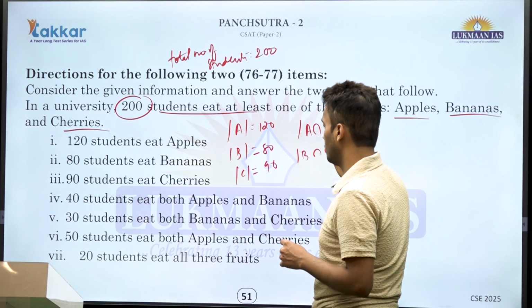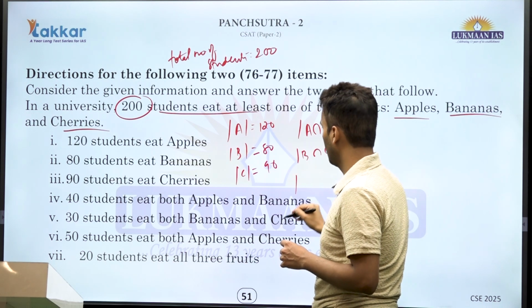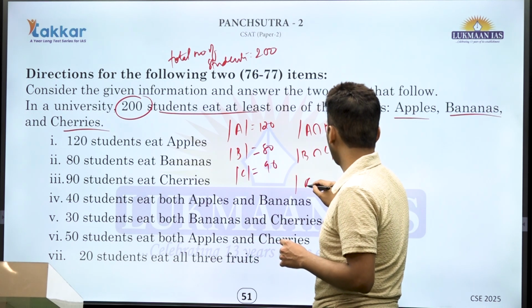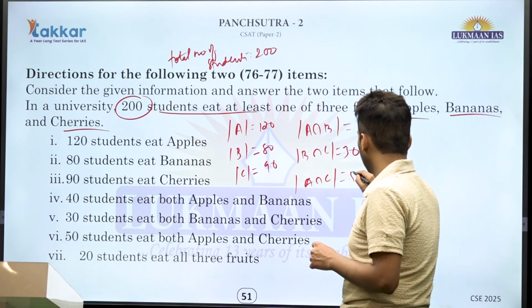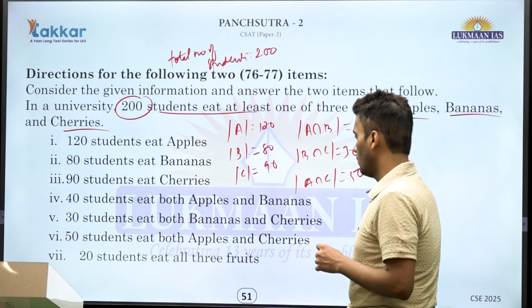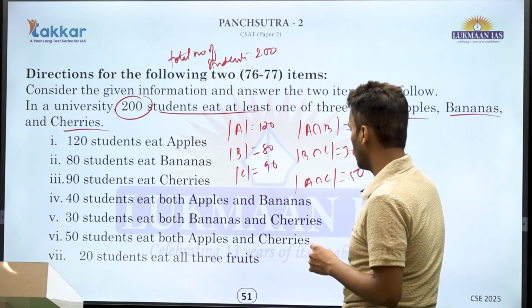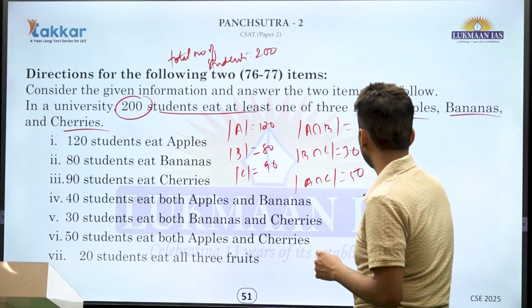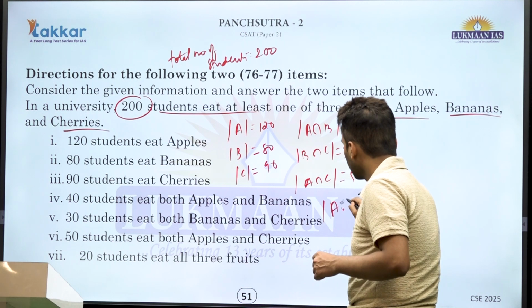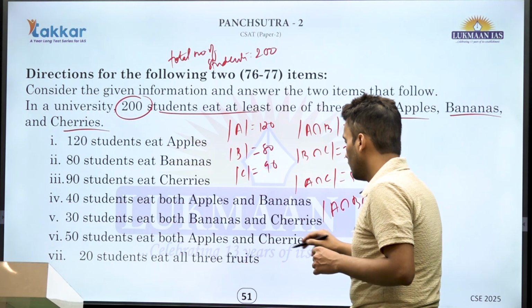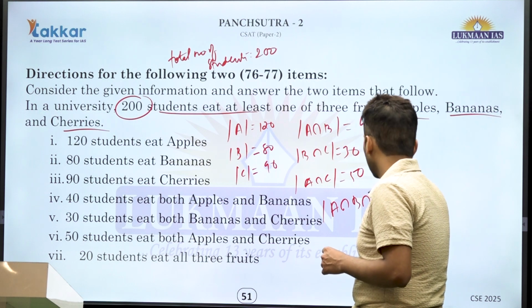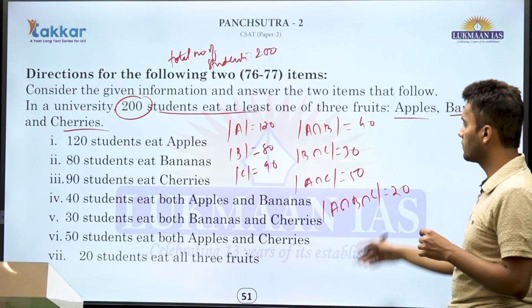Bananas and cherries, 30. Apple and cherries, 50. And 20 students eat all three, that means A intersection B intersection C is 20.